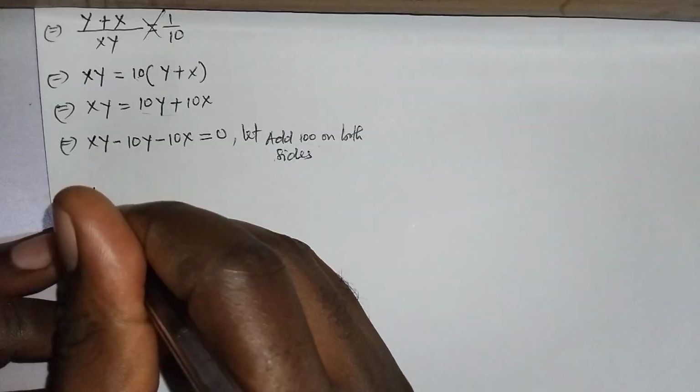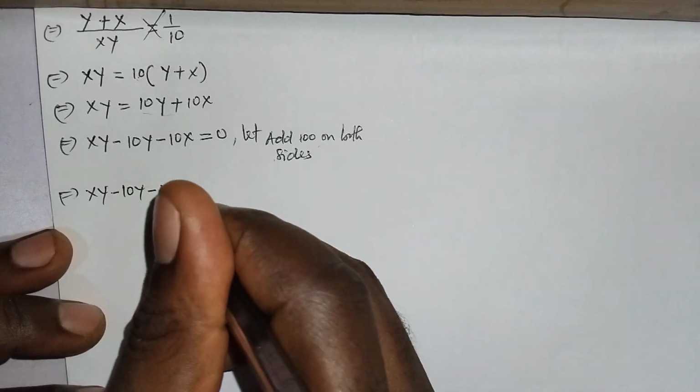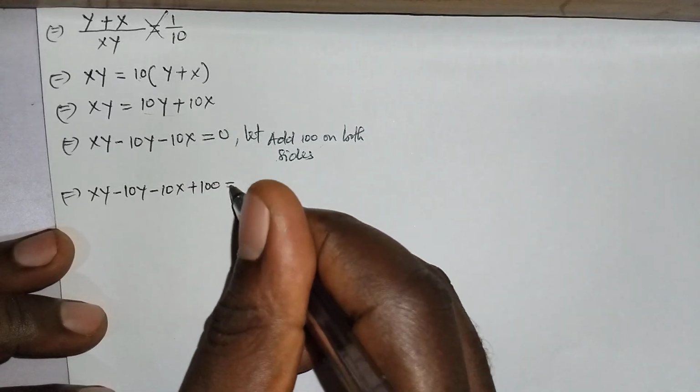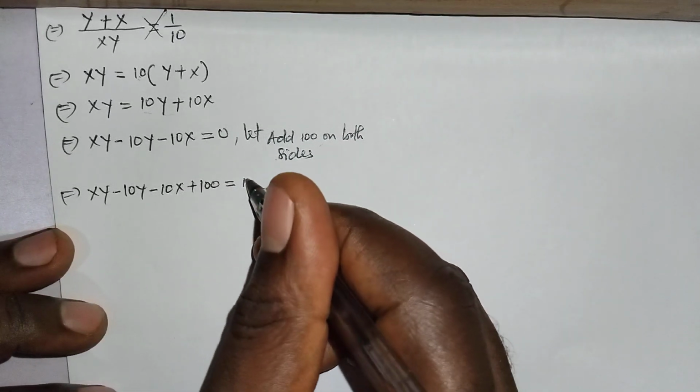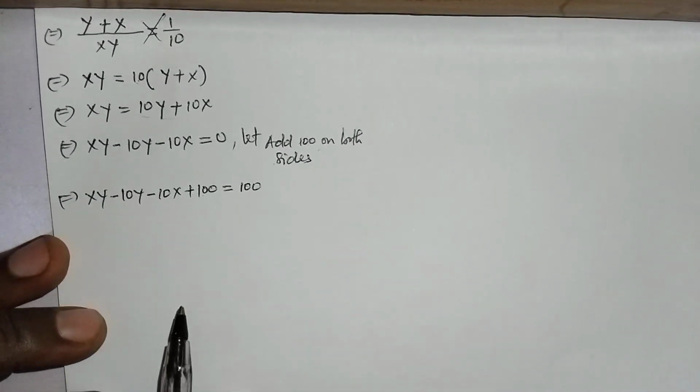So we have xy minus 10y minus 10x plus 100 is equal to plus 100. We add both sides by 100.